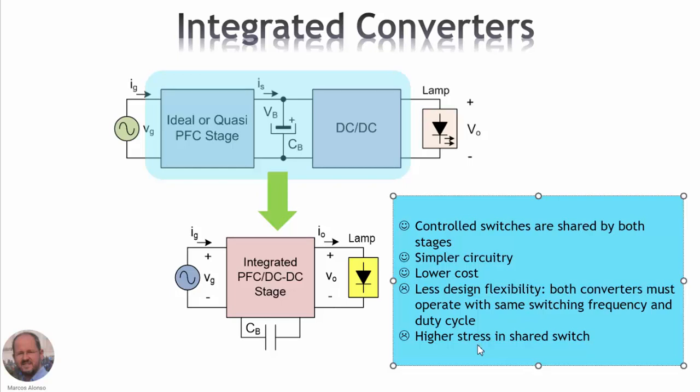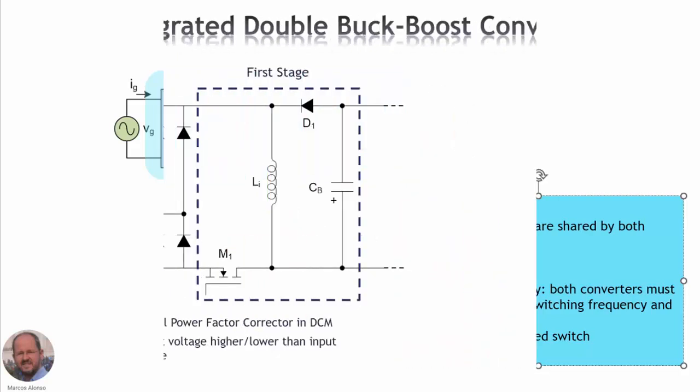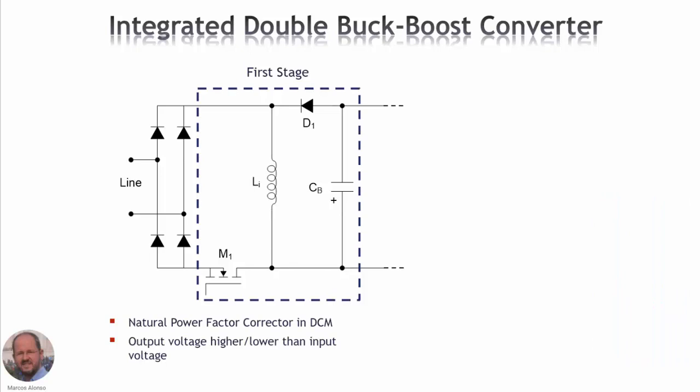However, in terms of efficiency, the integrated stage solution is going to have similar efficiency to the two-stage solution. So let's see now an example of an integrated converter used as an LED driver.